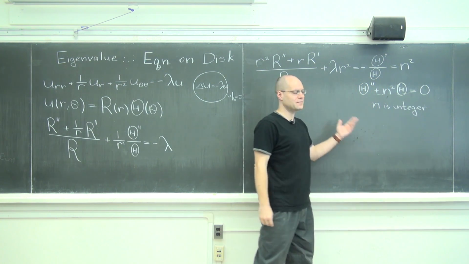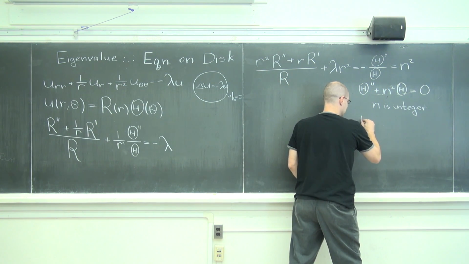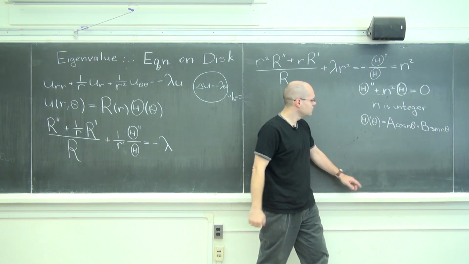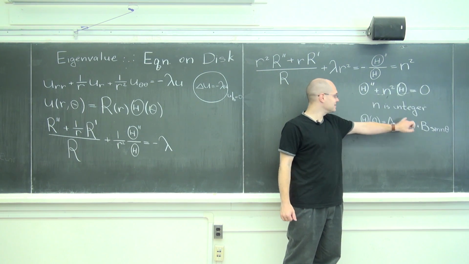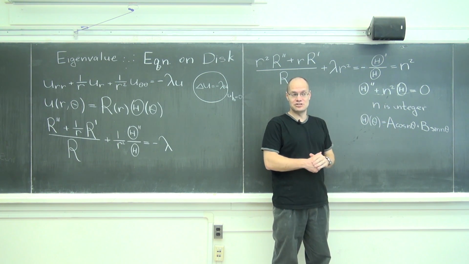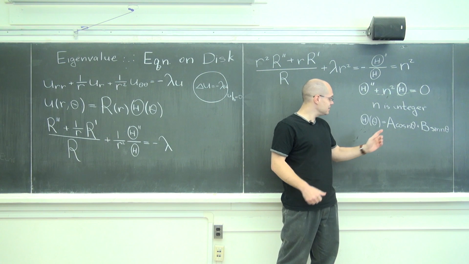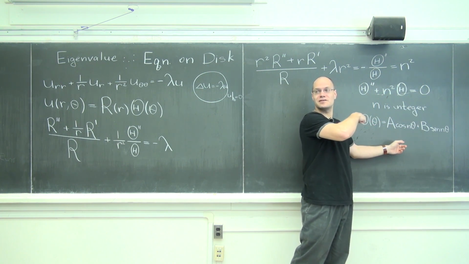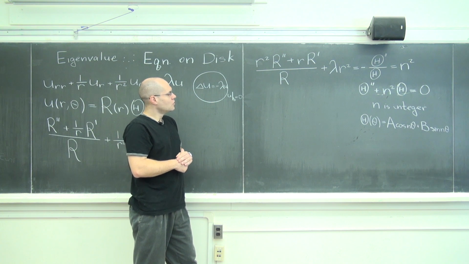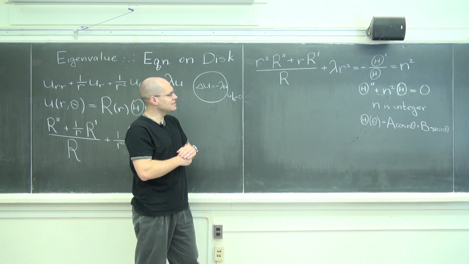Of course, not only that, for completeness' sake, let me just write down what we get. But perhaps most importantly, n is an integer. If n was not an integer, we wouldn't have a continuous function when we came back to the beginning. Okay, so n is an integer.